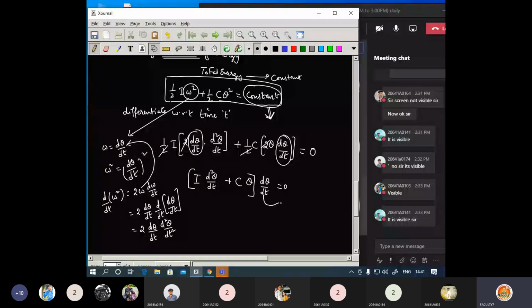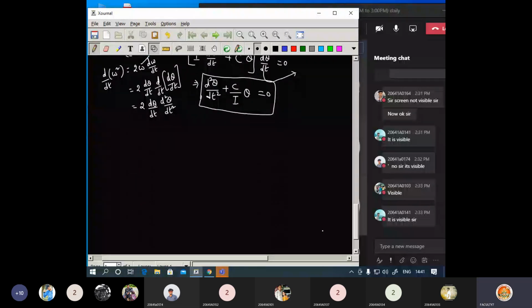Now you remove this one, and I am going to rearrange the equation as a second order differential equation. I am going to write this as c by I θ, equal to 0 here. Now we are going to consider this factor as omega square.